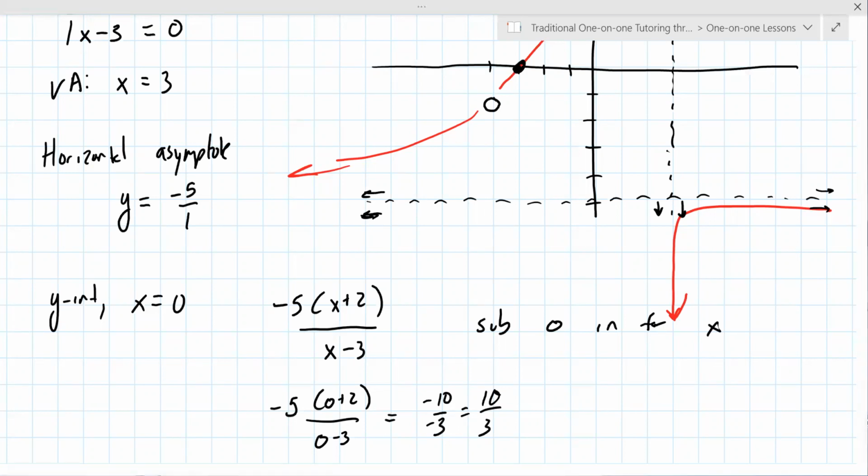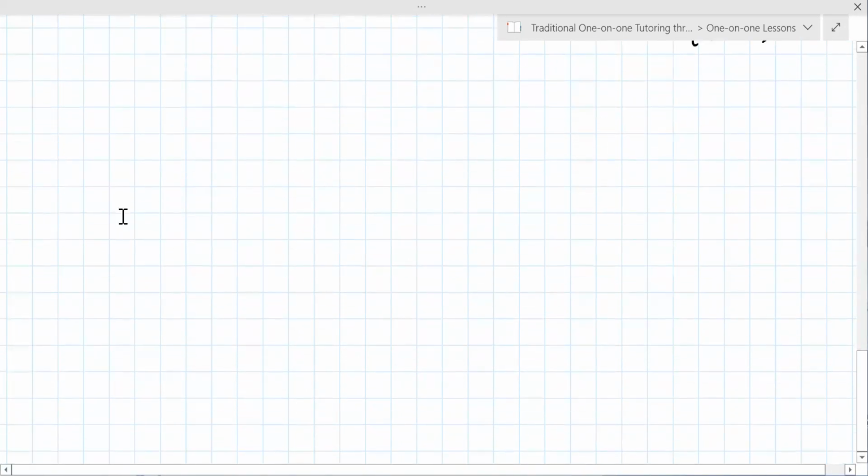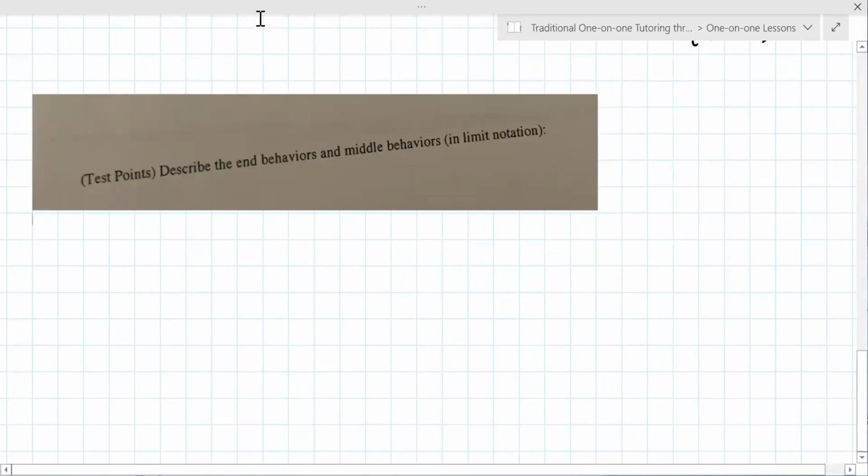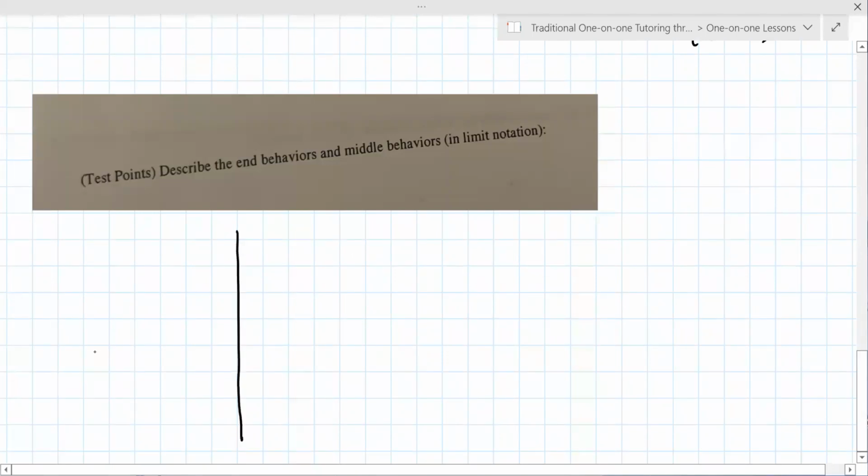If you notice the last thing there, it says test points, describe the end behavior. Let me grab that in limit notation. So a couple of ways to do this. Let me actually redraw the graph so you can see how we do this. If we're not as careful, we had an x-intercept, we had a y-intercept, we had a hole, and we had an asymptote here.